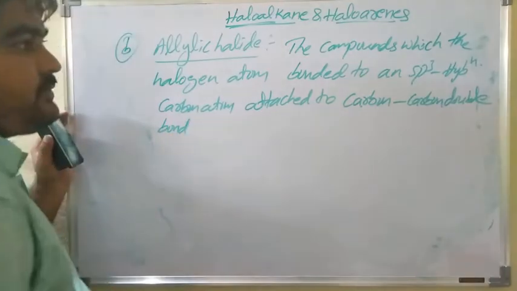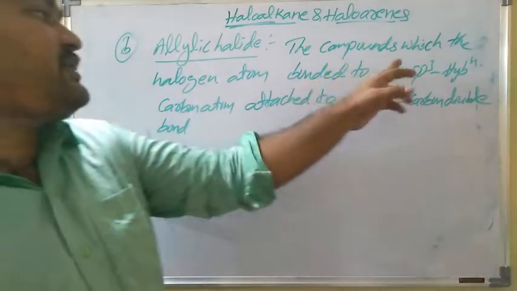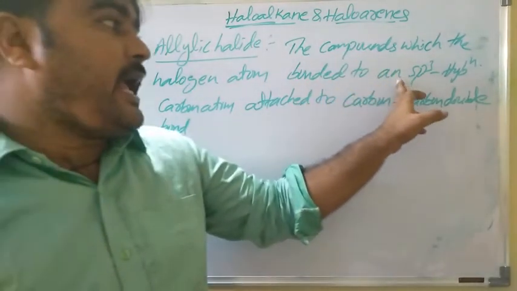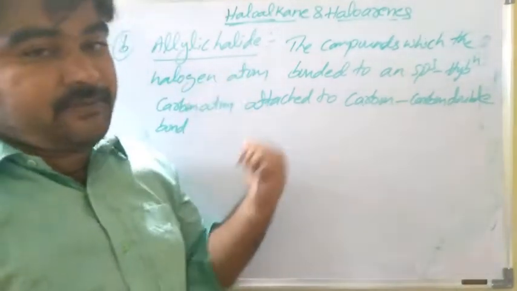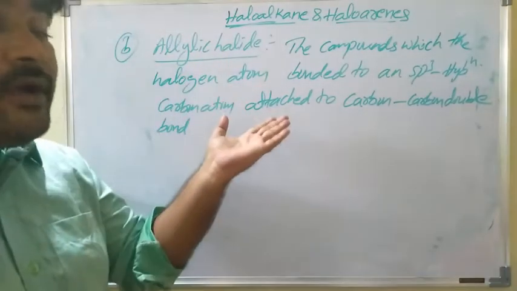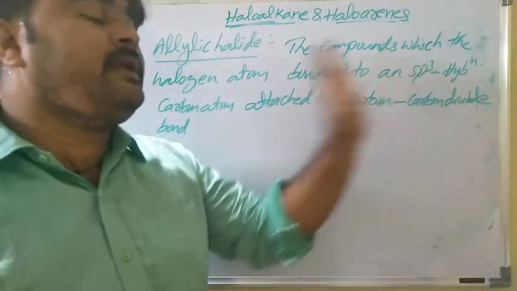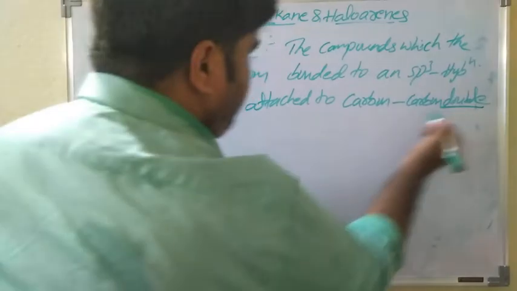Very important this. See here, the halogen atom is attached to an sp3 carbon atom and immediately next to what? Carbon double bond. So remember, very important.